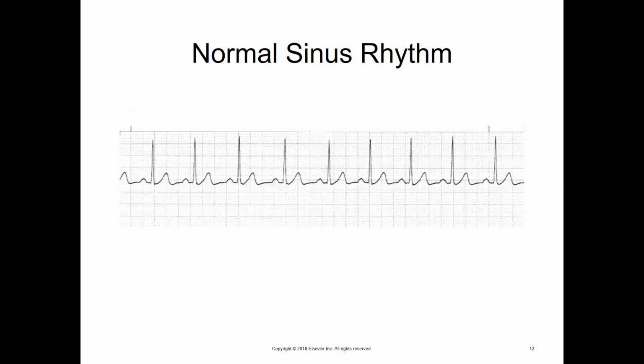So since we've already talked about the rate, count the QRS complexes, take it times 10, and what do you think the rate of this EKG is? Anybody have a guess? 80. 80, good.